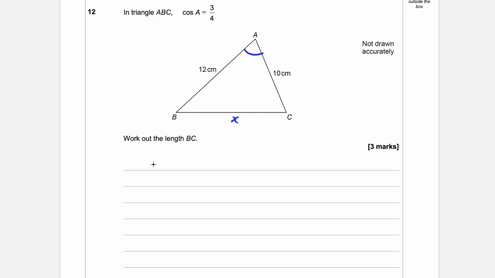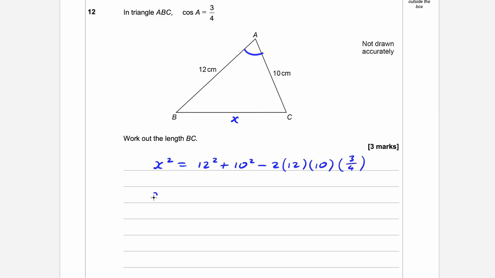It's the cosine rule. I can just say x squared equals 12 squared plus 10 squared minus 2 times 12 times 10 times cos of A, which is times 3 quarters.